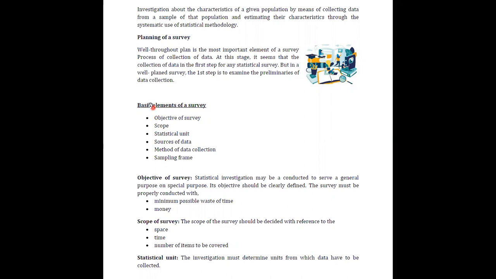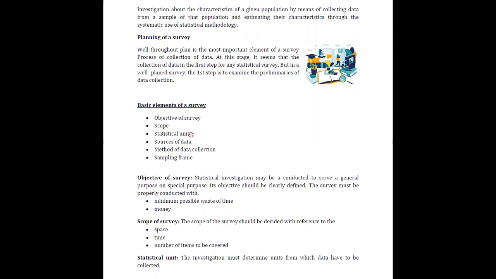The first element for this survey is the objective of a survey. Then we should have an objective for our survey. Then we have to define the scope of our survey, or what are the limitations of our survey. And then you have to have the statistical unit you are using, or the measuring unit you are using.